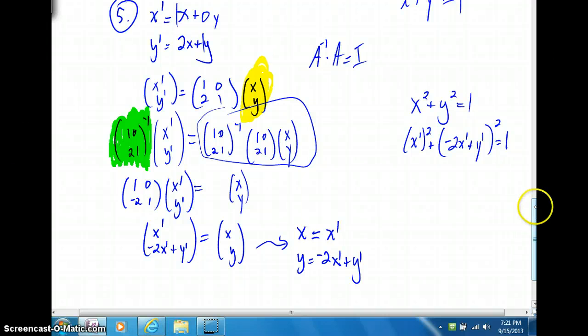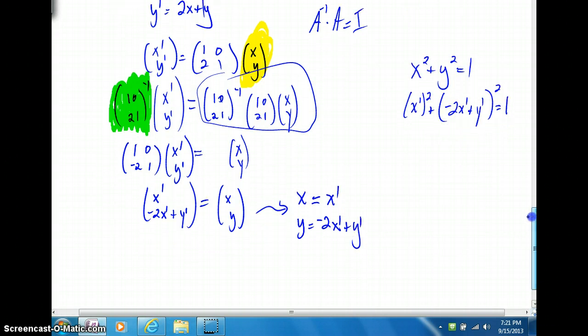By the way, it's very common at this point to even drop the primes to say, look, we have a new equation altogether. We'll have x squared plus, let's expand this all out. Negative 2x squared would be a 4x squared. Double this middle term, you'll get negative 4xy. y prime squared, or y squared, is just y squared itself.